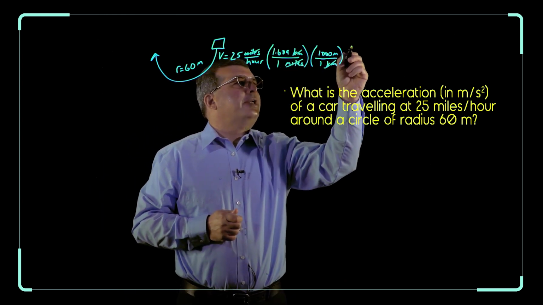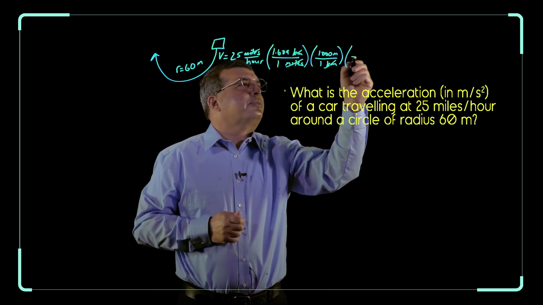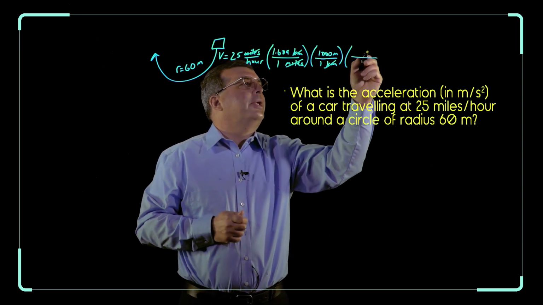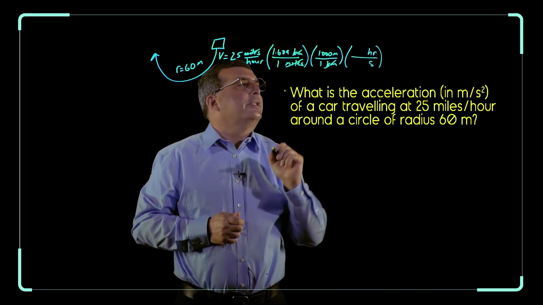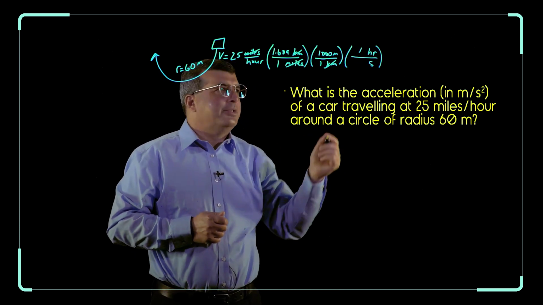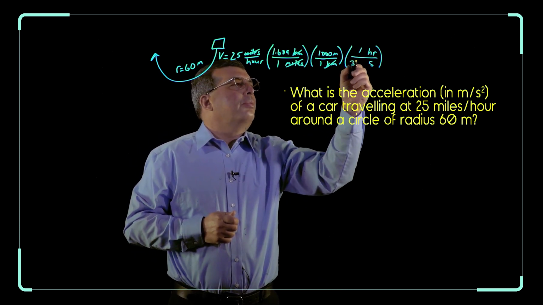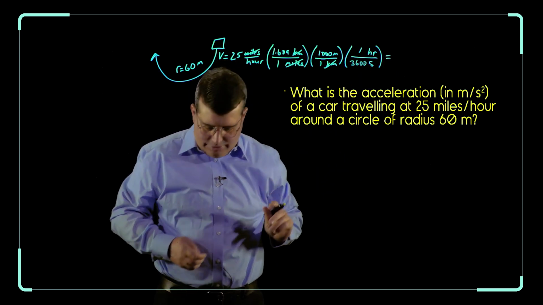And as I said the last time, we can go from hours to seconds in one step. Hours is in the denominator, hour in the numerator, seconds in the denominator, and 1 hour is 60 times 60, or 3,600 seconds. Okay.